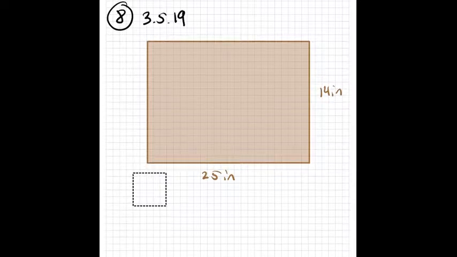Let's copy it. It's one square that we're cutting away. This can go like here. Let's paste.